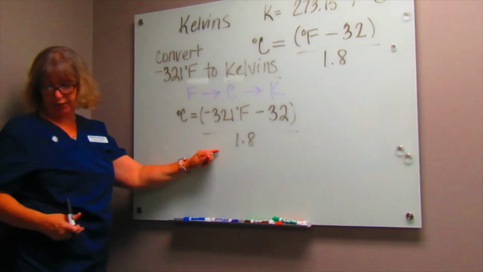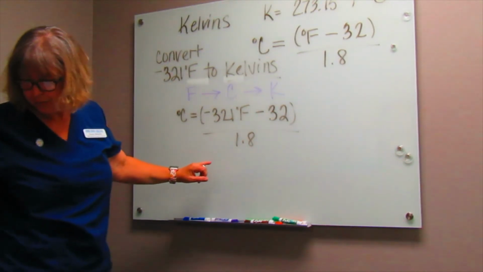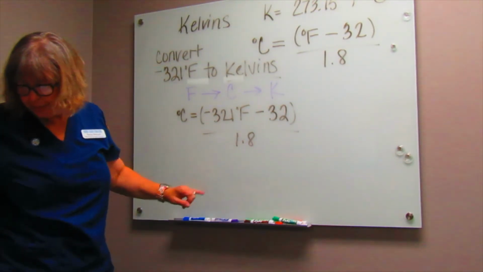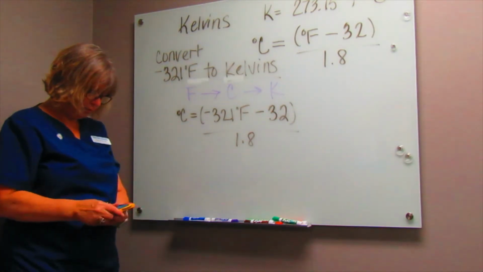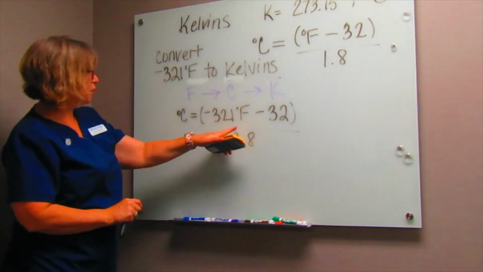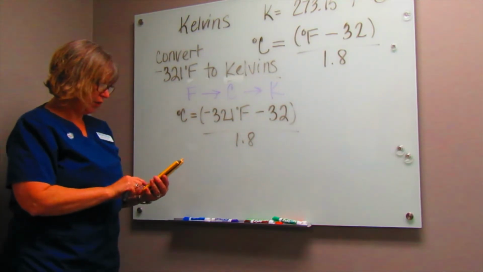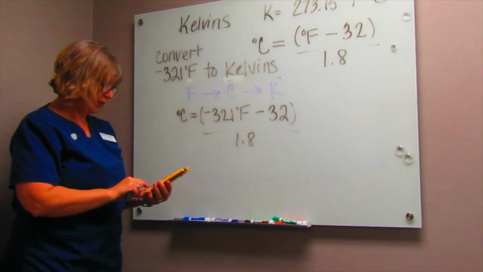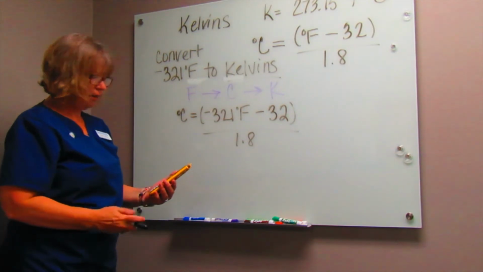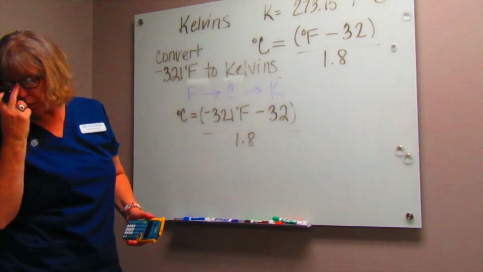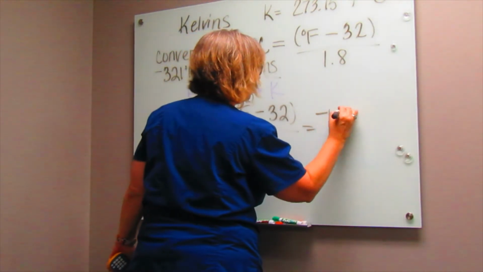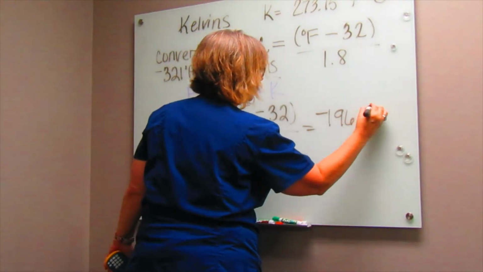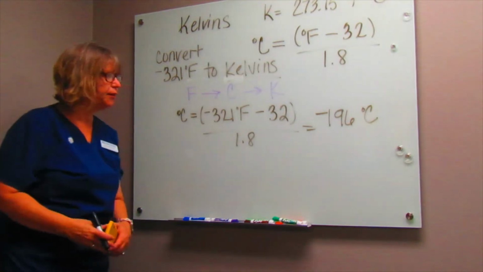When you put this into your calculator, we have negative 321 minus 32 divided by 1.8. That should give you a value of negative 196 degrees Celsius.